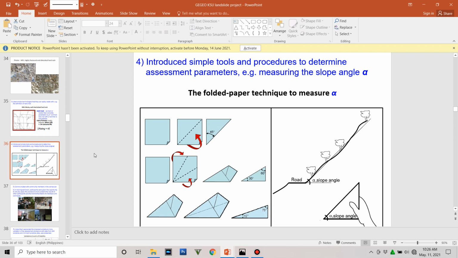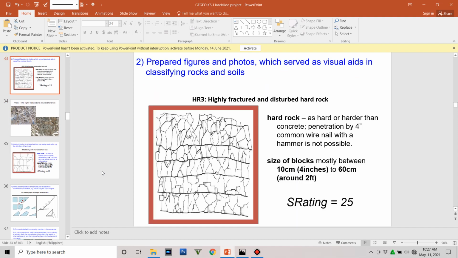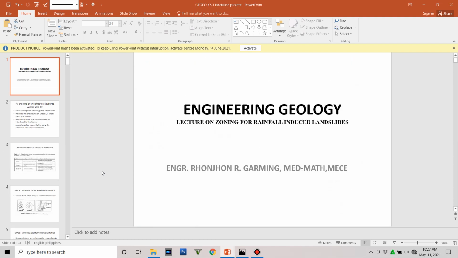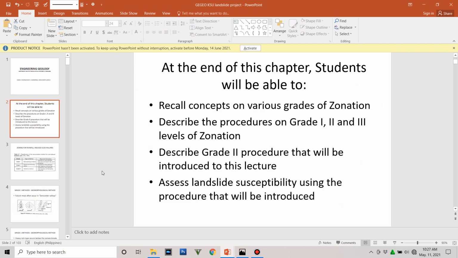So that's it for this discussion. It would be very nice if you could use this. I'll be forwarding this method to you in PDF form so that you can try the tool in assessing the susceptibility to landslide.